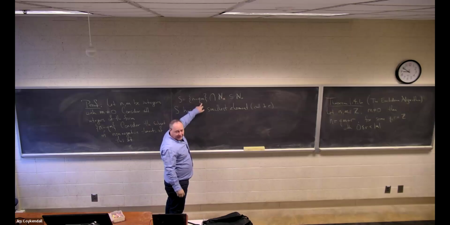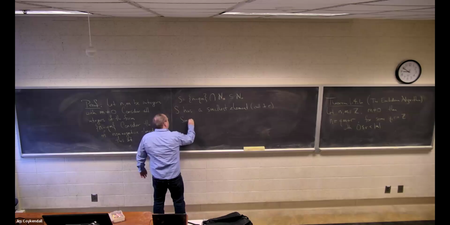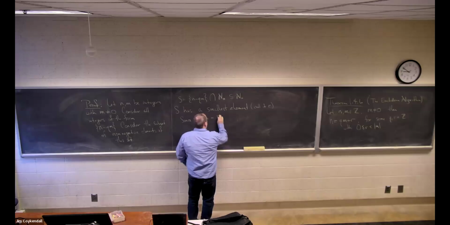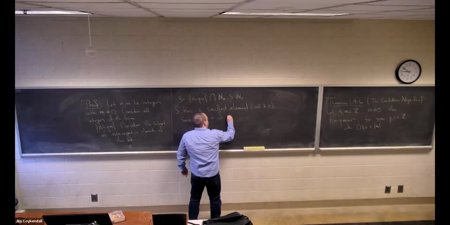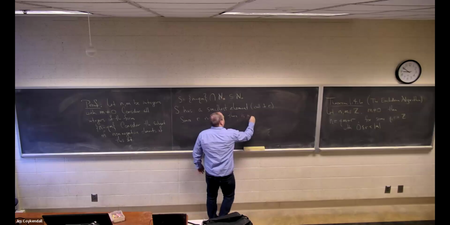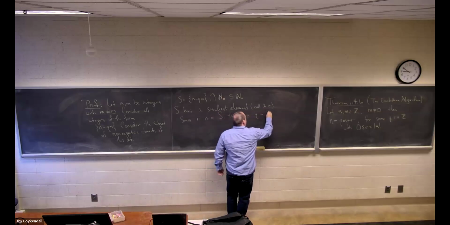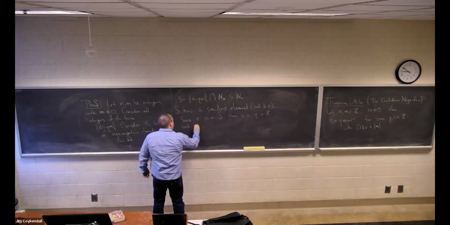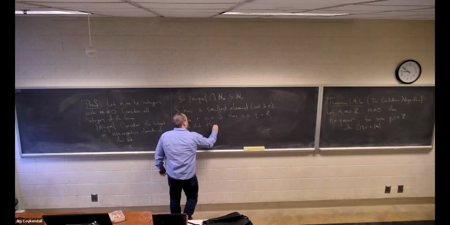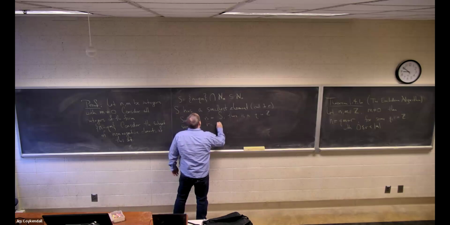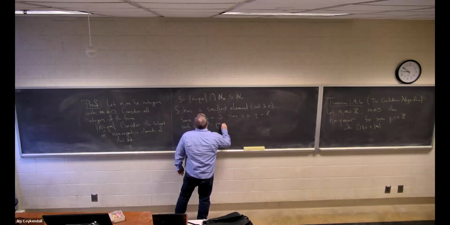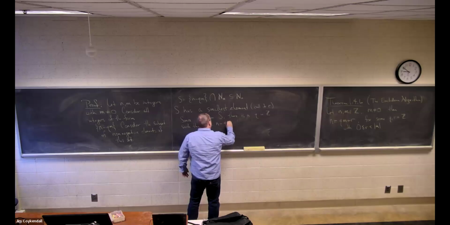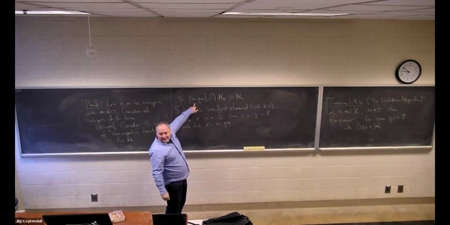Since r is in the set, there is a q in Z such that r is n minus qm, because r lives in the set.